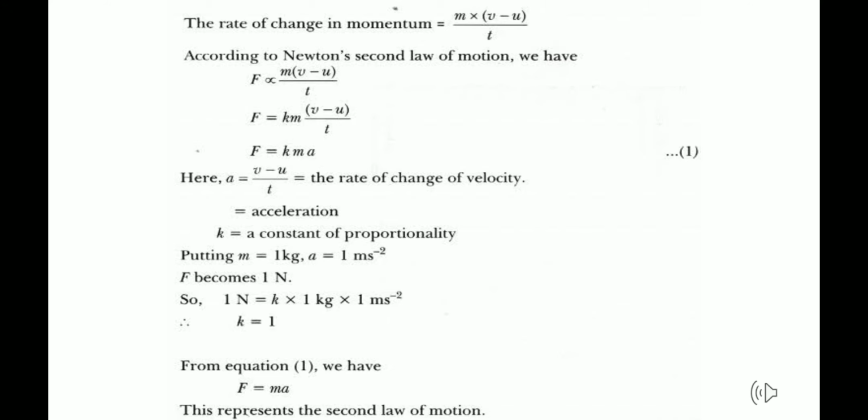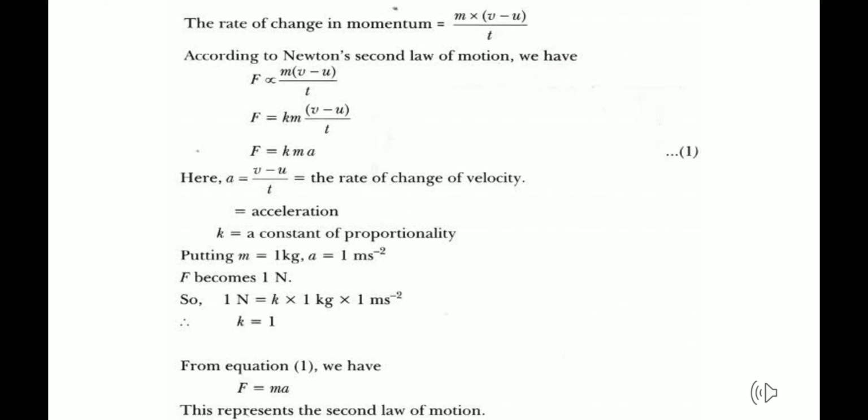Now, you know this proportionality sign can be changed to an equal sign by taking a proportionality constant, which is k over here. So that directly proportional sign has been changed to an equal sign by multiplying with k. So F is equal to km(v minus u) by t.